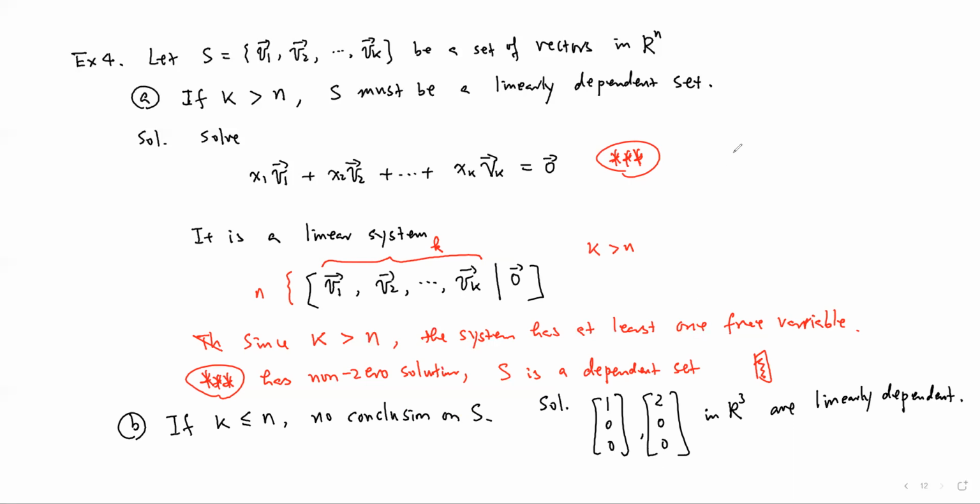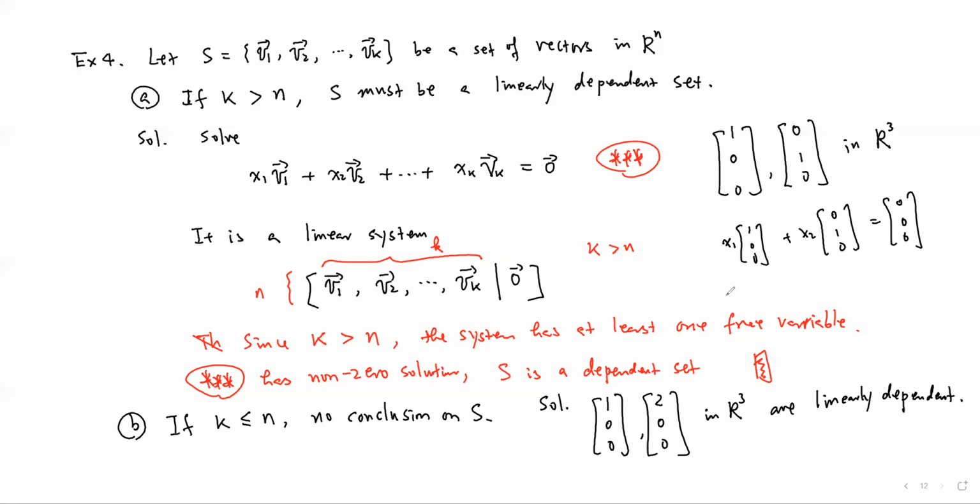A second example here: 1, 0, 0 and 0, 1, 0. These two vectors are in R3. Now k is 2, k less than 3. But this time, these two vectors are linearly independent of each other. How to see? Solve this equation: x1 times 1, 0, 0 plus x2 times 0, 1, 0 is 0.